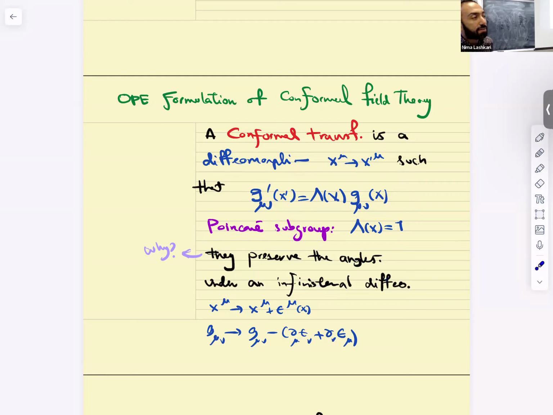Under an infinitesimal diffeo, x^μ goes to x^μ plus ε^μ(x). You could also convince yourself g_μν goes to g_μν minus ∂_μ ε_ν minus ∂_ν ε_μ. How do you calculate this?